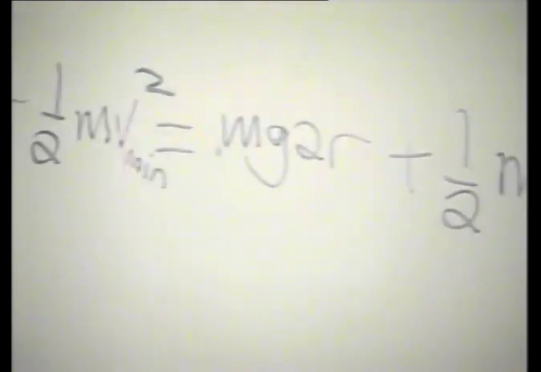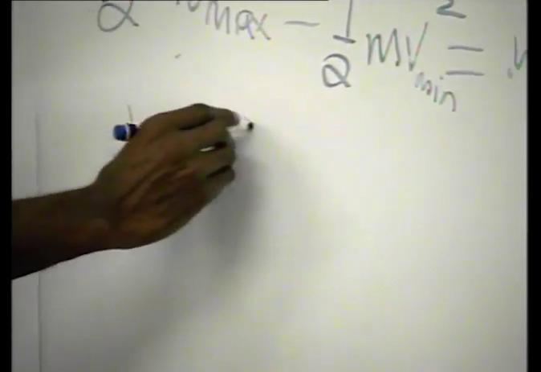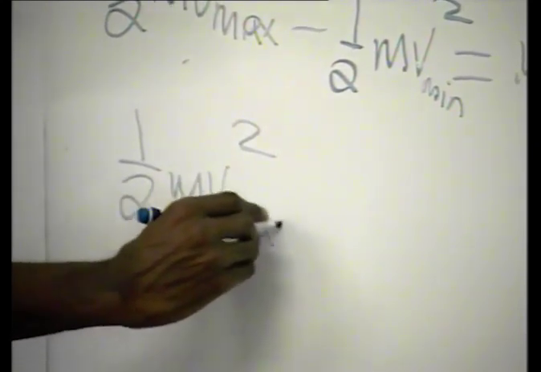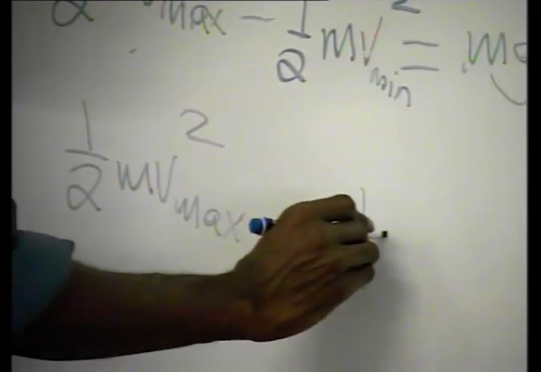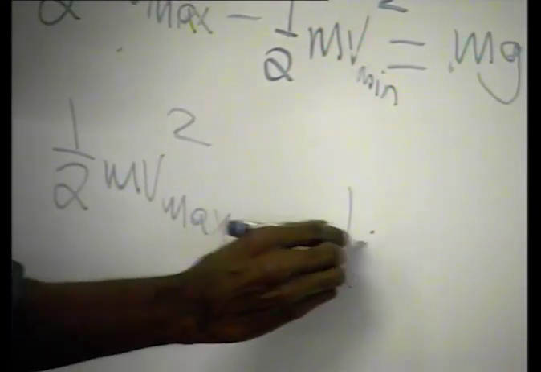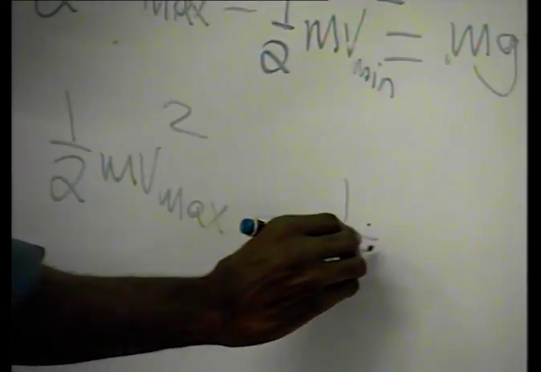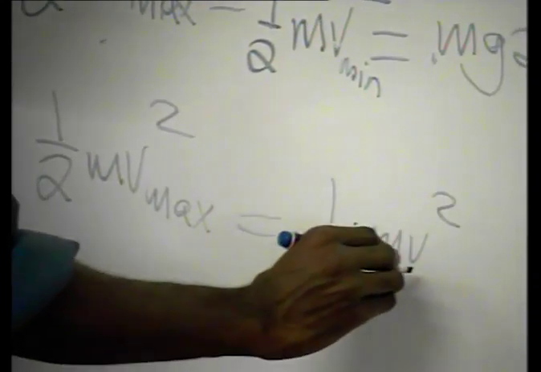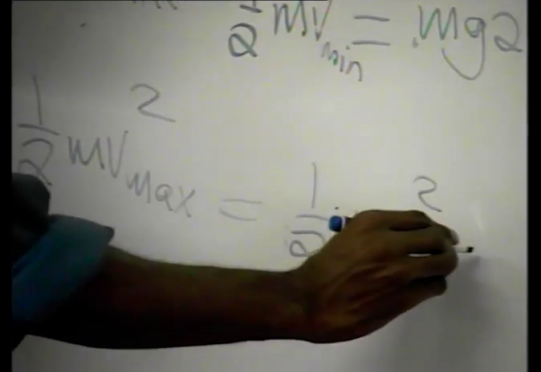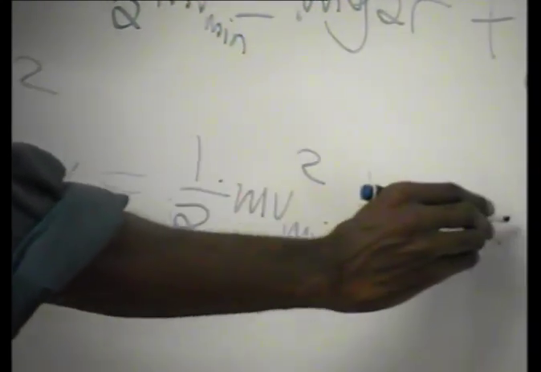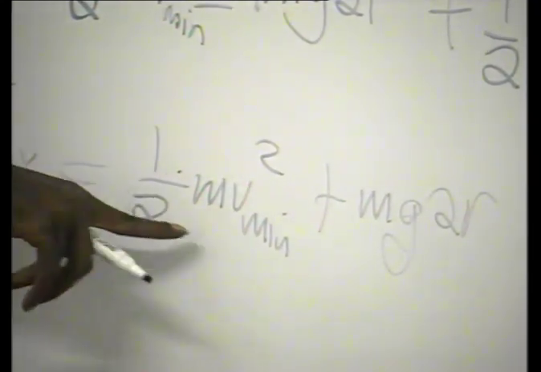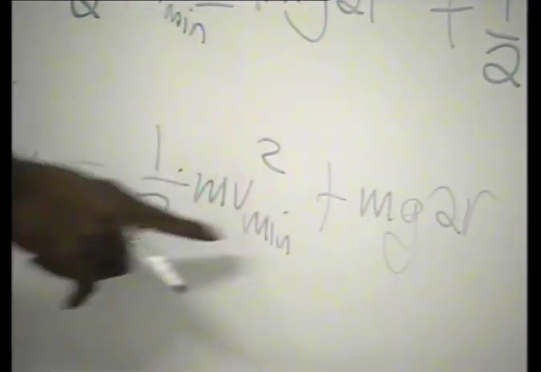And that is when we have this one as half m v square maximum, which is equals to mg 2r. And then in order for us to find this velocity, I will now bring this one to this side.